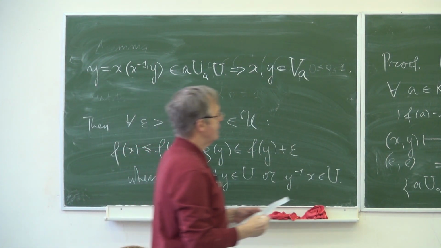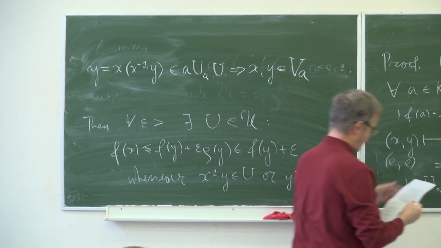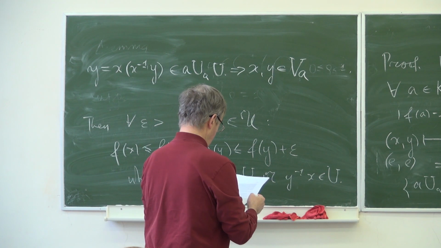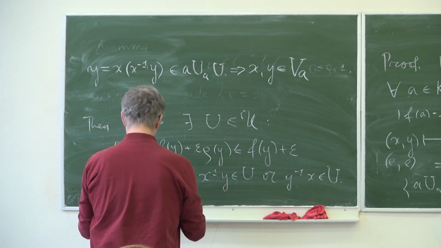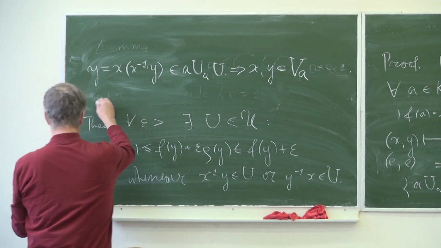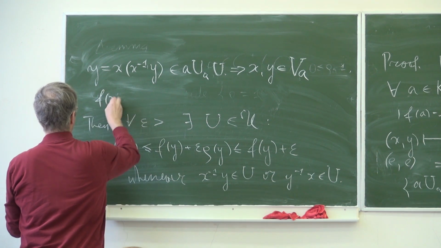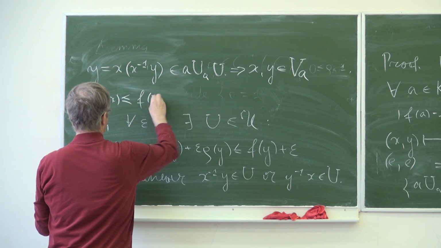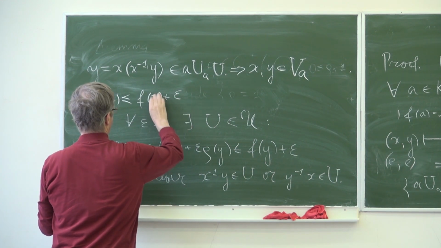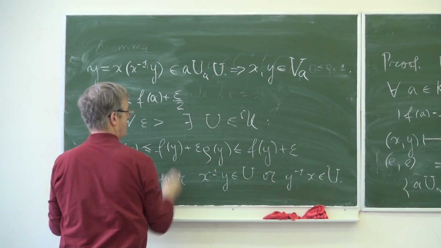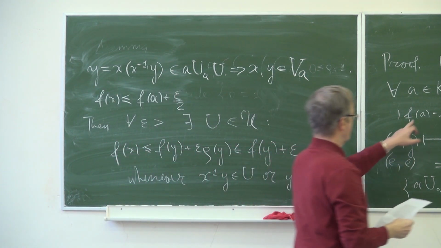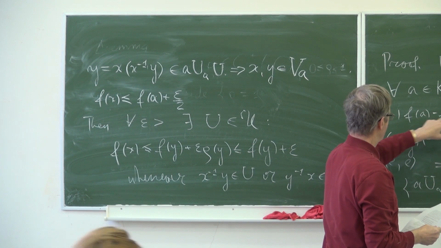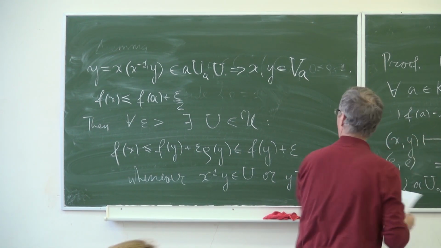And here on VA we have this inequality, but we also have to take rho into account. So what do we have? We have f of x is dominated by f of a plus epsilon over 2. So we use this with b equal to x, and then we use the same with b equal to y.